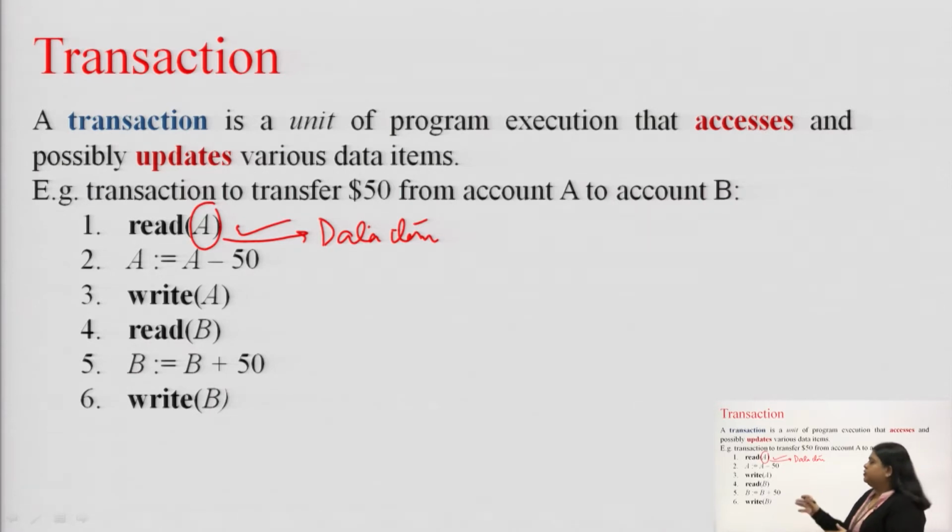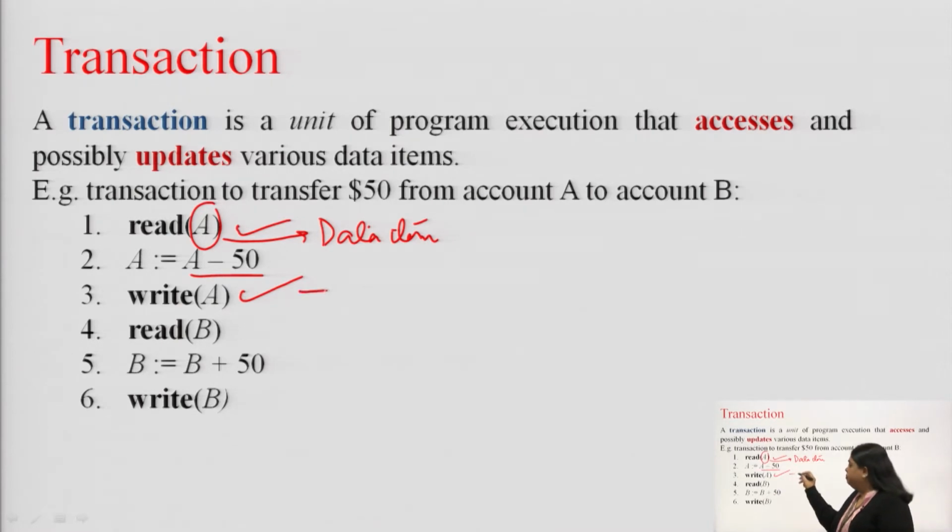Once we have read the value of A, we debit $50 from A, and once we are done with this update, we write the value of A back into the database, because the changes cannot be done directly in the database. We need to read it, make updates and write it back.